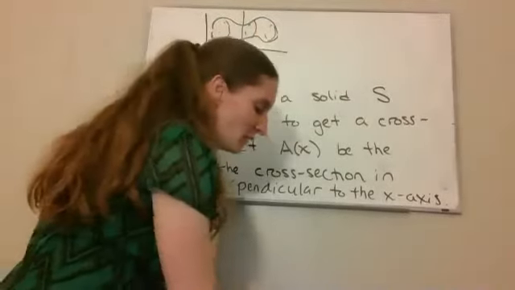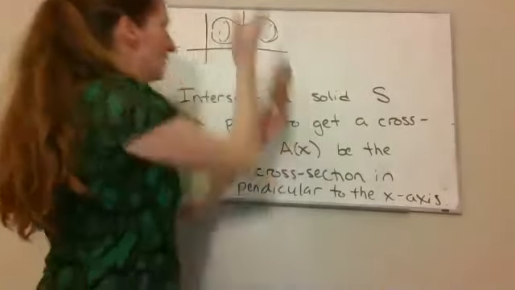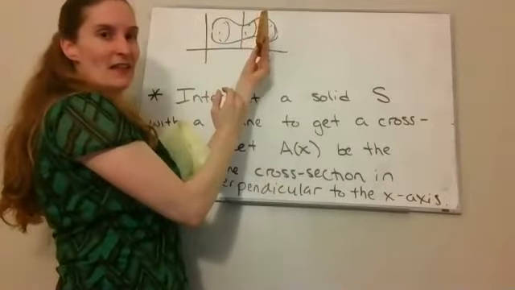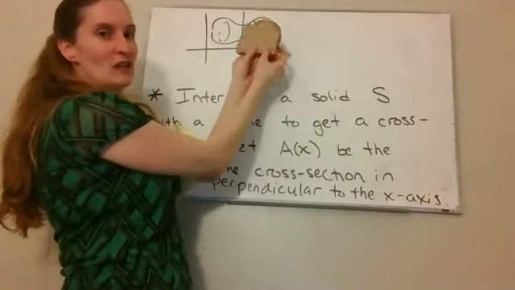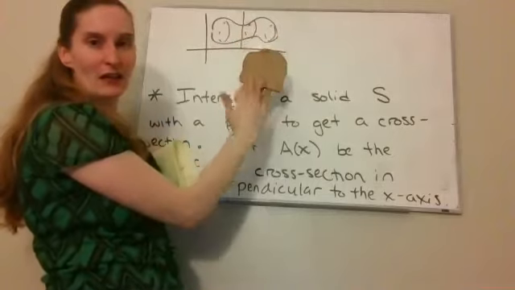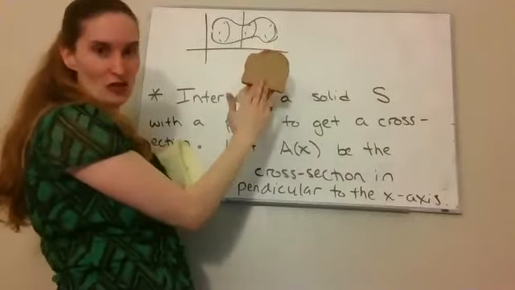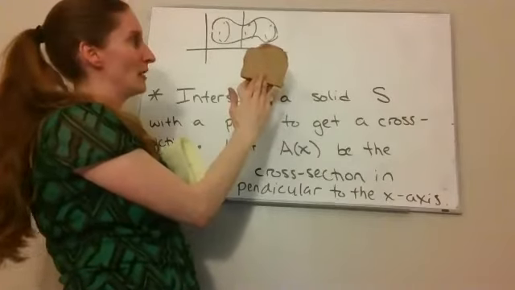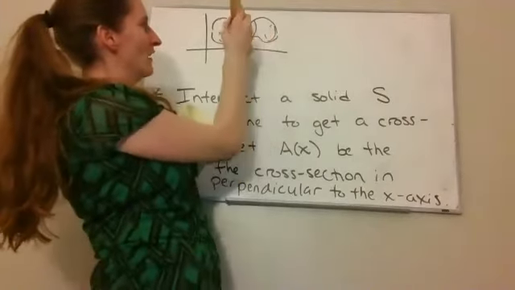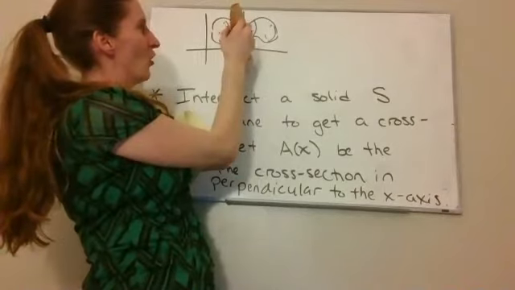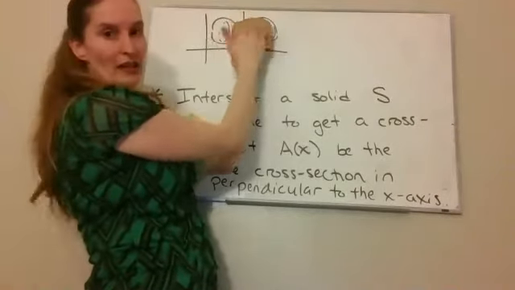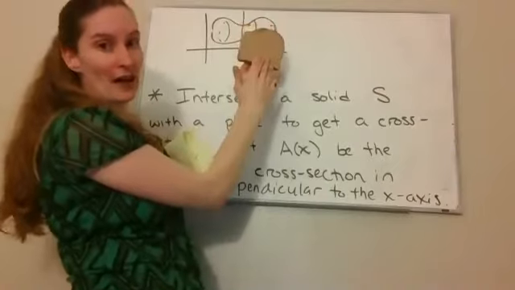So if you imagine that we've sliced up a loaf of bread like that, and then we're turning the slice that we just took and finding the area of this part of the bread. So the area of the cross-sectional face is what we're talking about. A of x is taking our slice, opening it up, and looking at that surface and finding that area.